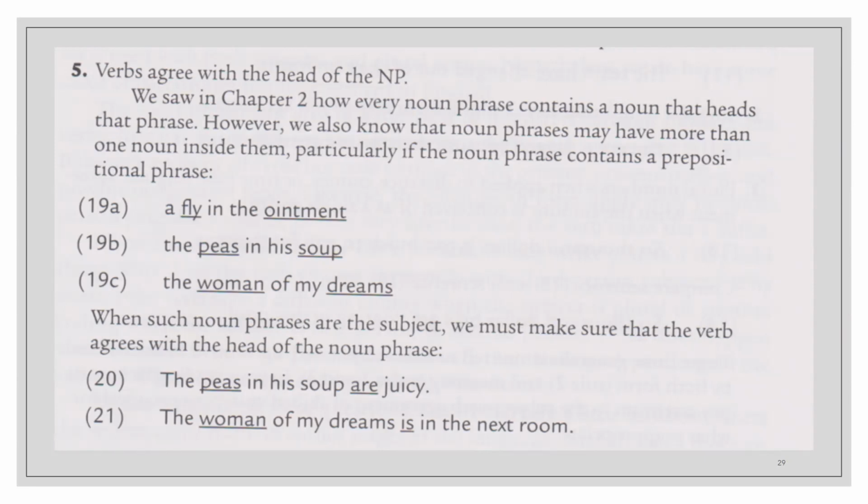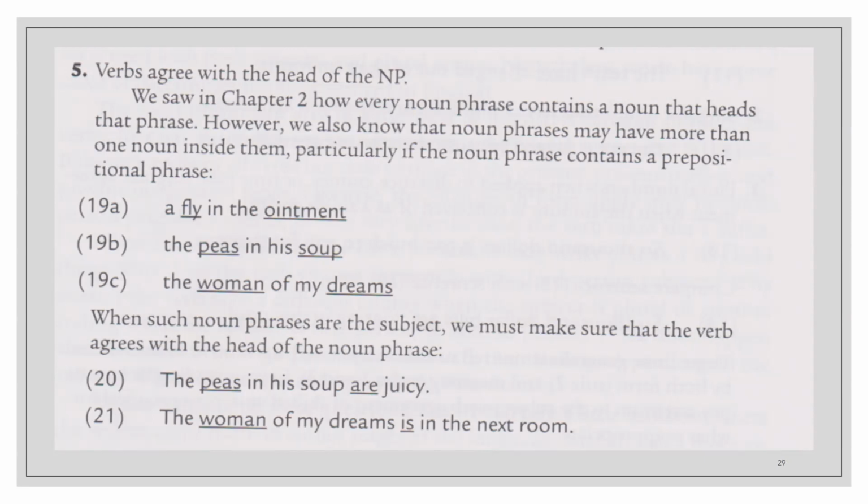That's singular. The peas in his soup, the peas, plural. The woman of my dreams, the woman is singular. If these noun phrases are the subject of the sentence, the verb agrees with the head of the noun phrase. The peas in his soup are juicy.